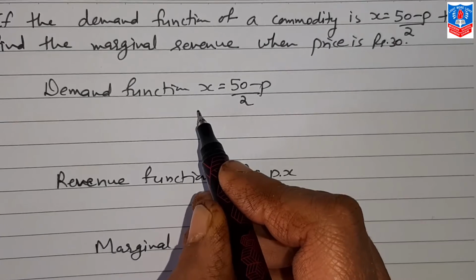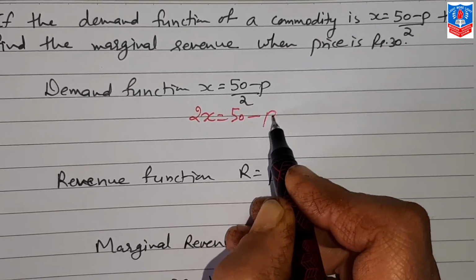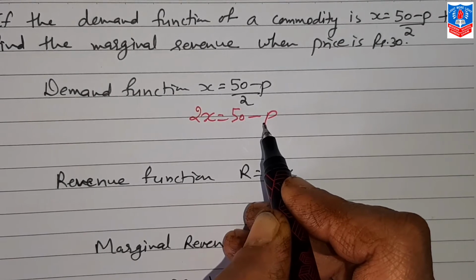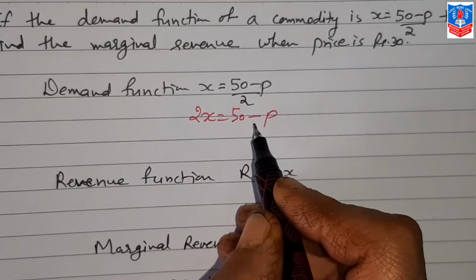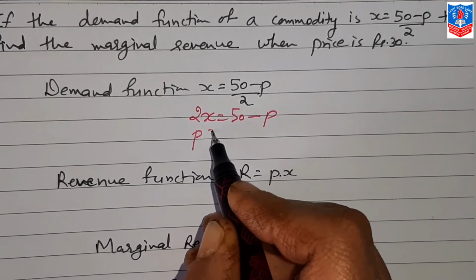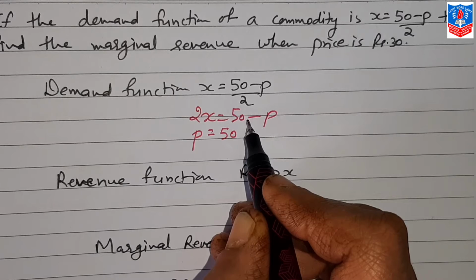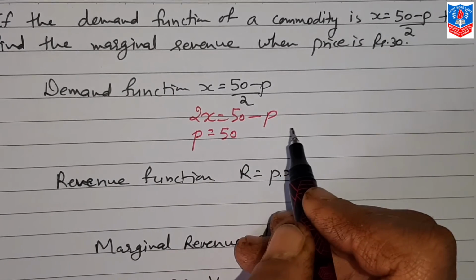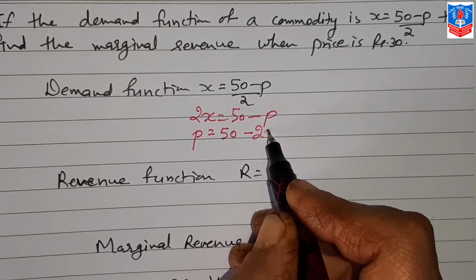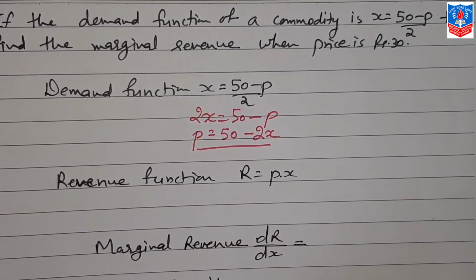So this will be 2X is equal to 50 minus P. We want P, so if I take this minus P to the other side, it will be plus P. The 50 stays on the same side, and the 2X, which is positive here, if we take it to that side, will be minus 2X. So now P is equal to 50 minus 2X.